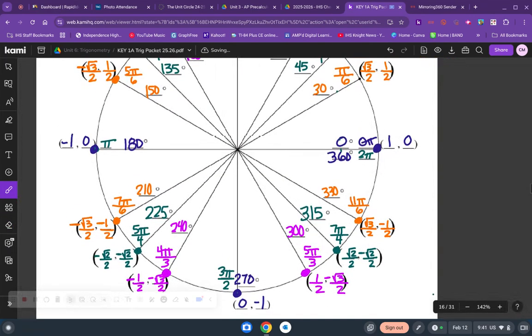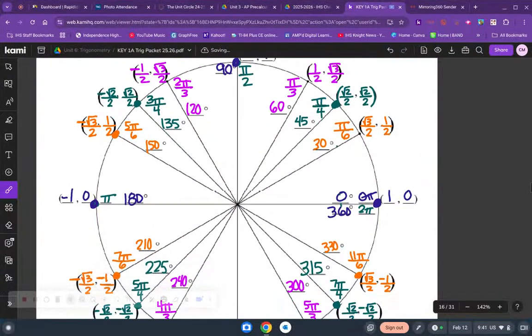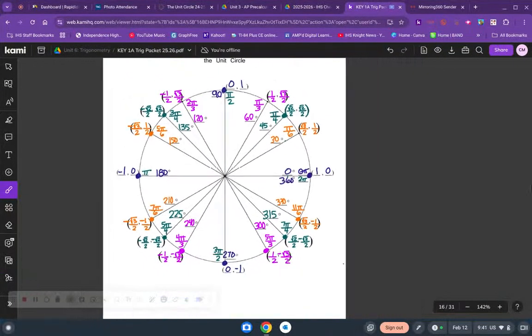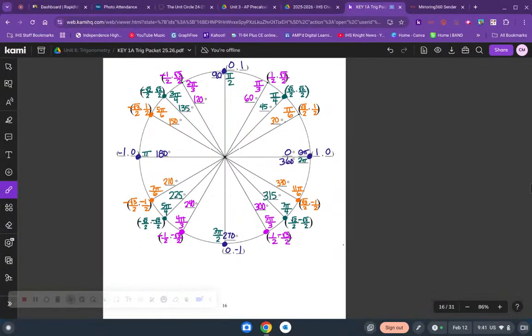Okay, now another really important thing to point out that we're going to use as we use the unit circle is those x and y coordinates. We found those from the leg lengths, right? And how did we get the leg lengths? Well, we had to use SOHCAHTOA.